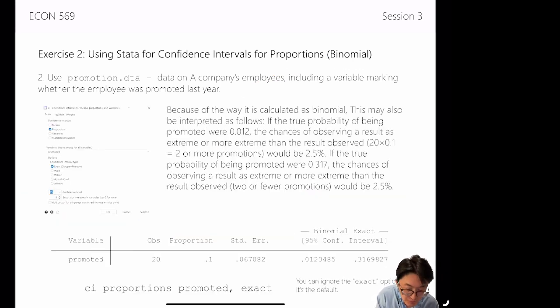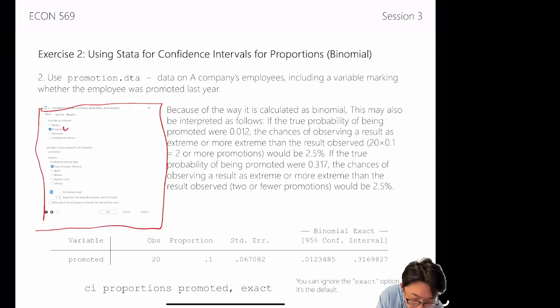So once you load your data, you can see this window. Just check proportions here. And your variable, which means what? Your binary dummy variable, whether promoted, so the promotion variable, and 0 is non-promotion.